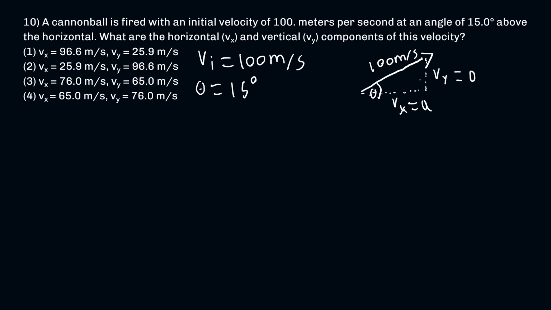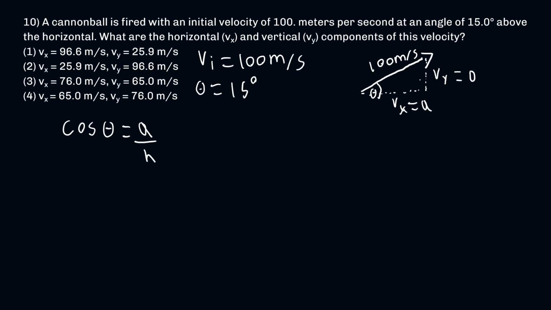Let's start off first with my x component. Where does that actually come from? To find my v subscript x, that is the adjacent side. If I look at the trigonometry rules, also on the reference table, when I have the adjacent and the hypotenuse, the trig function is cosine theta equals adjacent over hypotenuse.